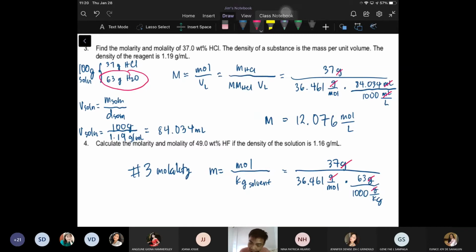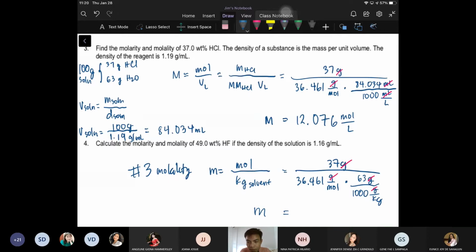You will be left with kilogram per kilogram and mole units, no? So, again, for molality, mass ng solvent ang kailangan. Solvent, hindi solution. Okay? So, you will convert this mass of solvent to kilograms na. So, ganun gagawin. Pag molality.